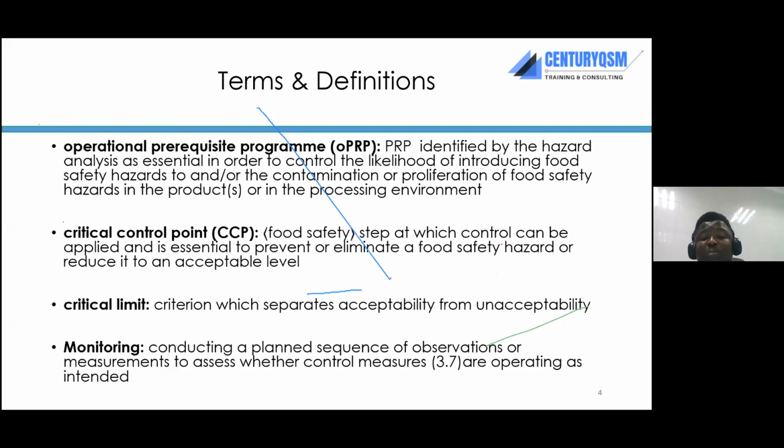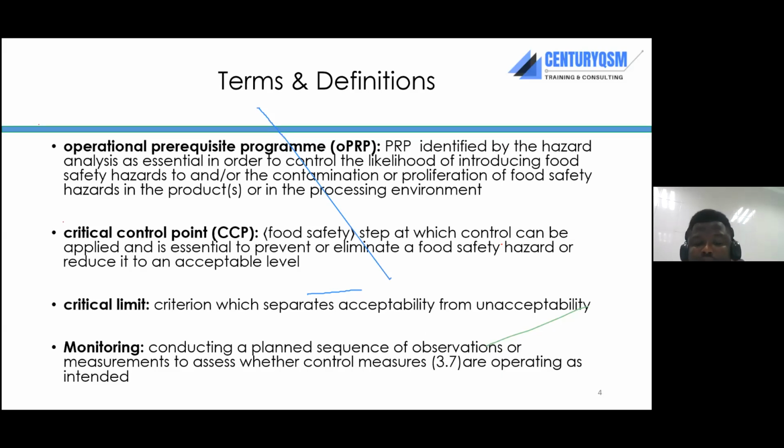Then we have what you call operational prerequisites and critical control points. I'm going to merge the two together. The thin line between them is that both of them reduce the likelihood of introducing a hazard or totally eliminate the hazard.